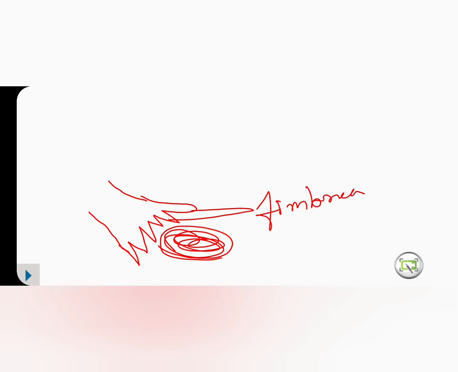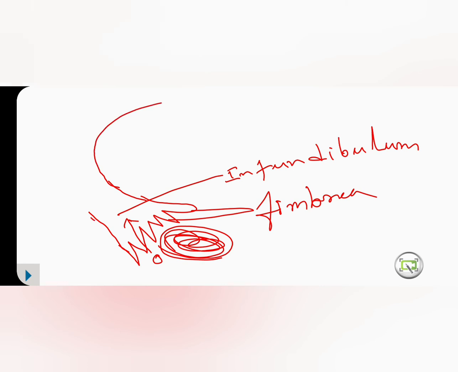When the ovum is released, that released ovum will be extracted into the fallopian tube because of the presence of these fimbriae. And these fimbriae lead into a funnel-shaped structure which is called infundibulum. This infundibulum is continued as a duct which is called fallopian tube.